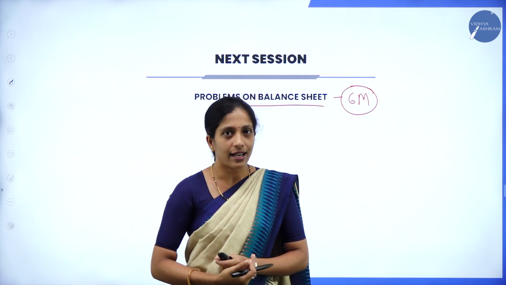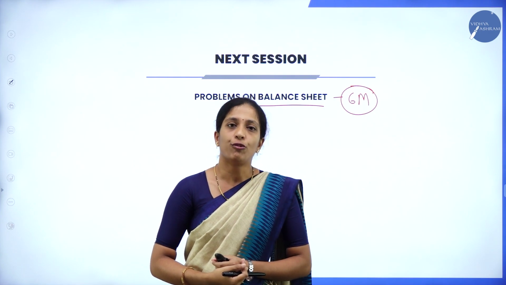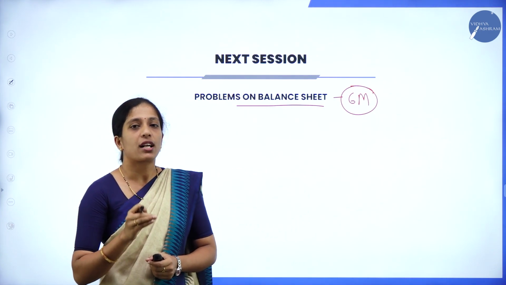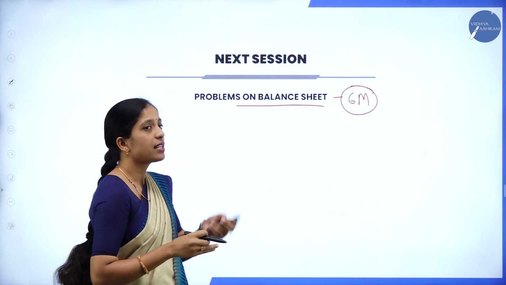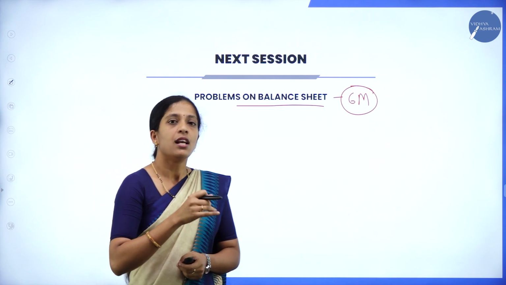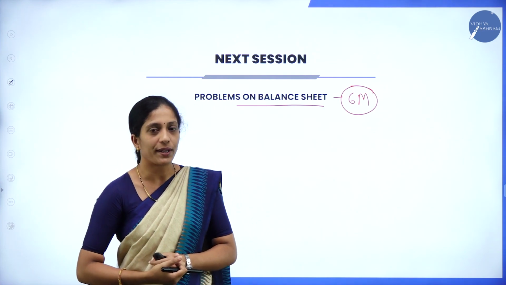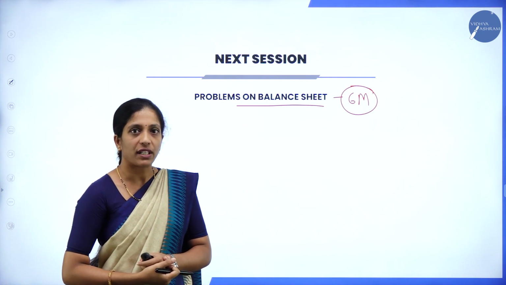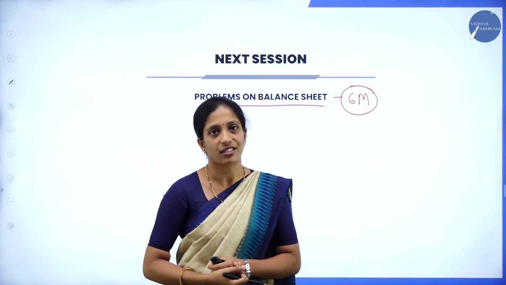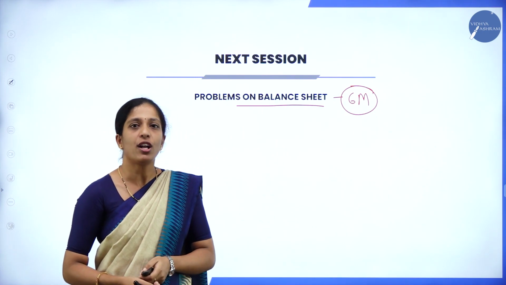In our last session, I told you the expected questions for 2 marks as well as 1 mark. A problem will be asked for 6 marks either on statement of profit and loss or on balance sheet. Most of the time they have asked the question on statement of profit and loss for 6 marks. Go through that properly. In my next session, we shall solve a problem on balance sheet.